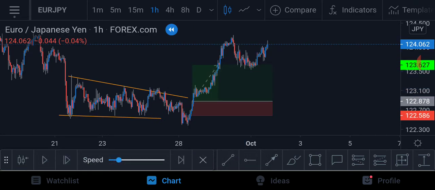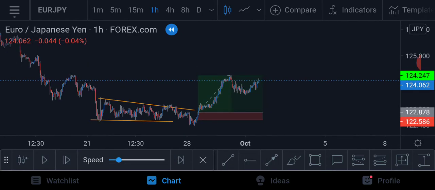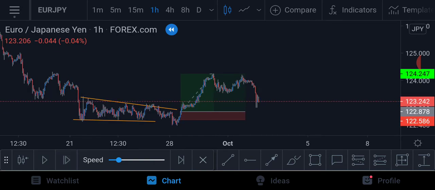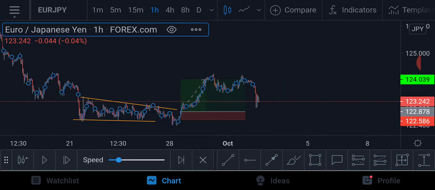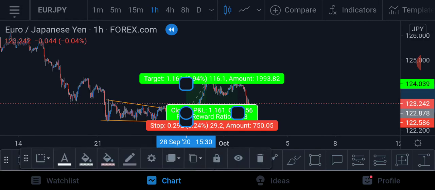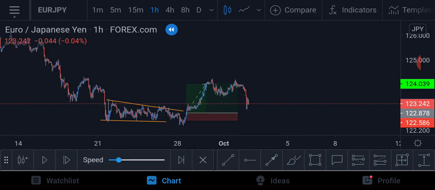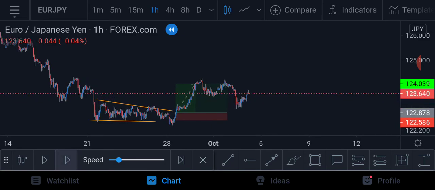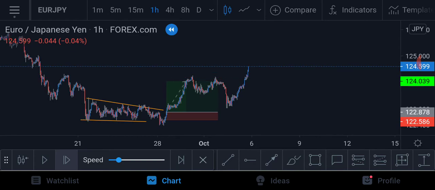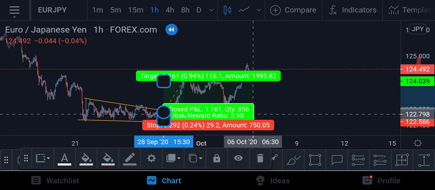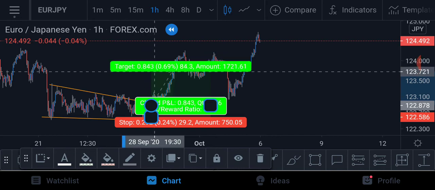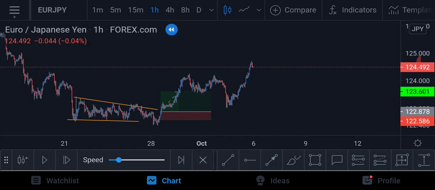Oops. Price made more than a 100 pip move and retraced back to the zone. As you can see, if we didn't move our stop loss, we would have more profits, but to secure our profits, I got stopped out from this point, banking 70 pips in profit.